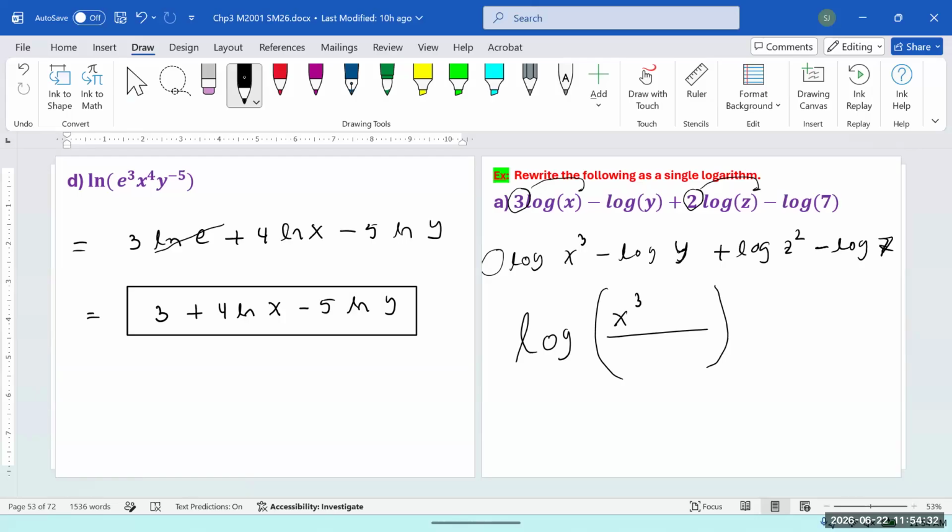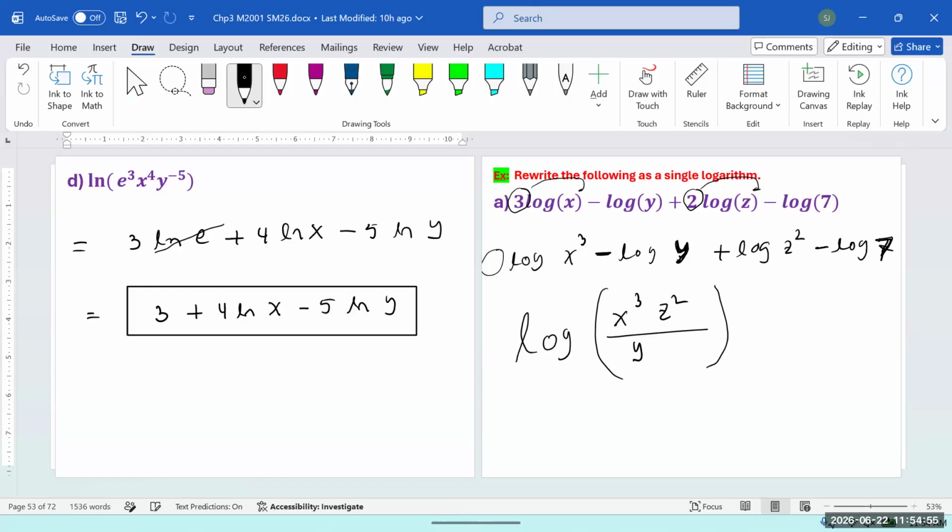Now for the argument y, what sign do we have in front of the log? Minus. So where should the y go, the numerator or the denominator? Denominator. And then the next one is z squared. What sign do we have in front of z squared? So where should z squared go? Numerator.